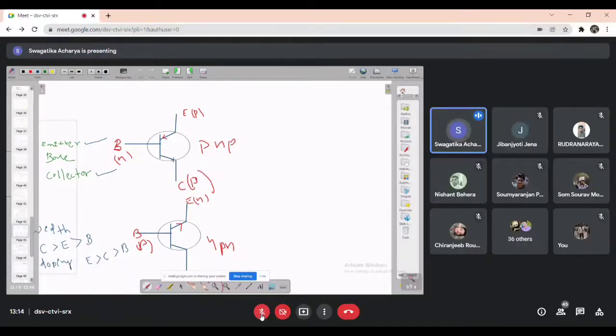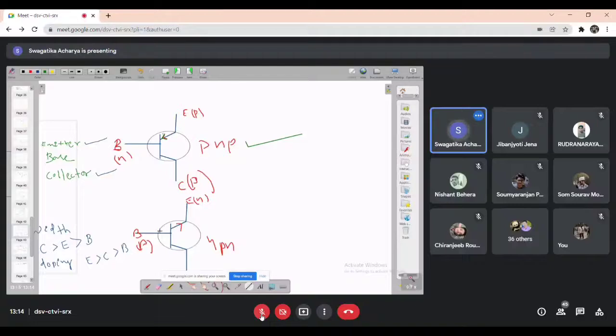Okay, this will be the structure, and the upper one is, suppose, emitter, base, and collector. So emitter to base. If the current flow direction is from emitter to the base, you can see the direction here given from the emitter to the base, then this is a PNP transistor.